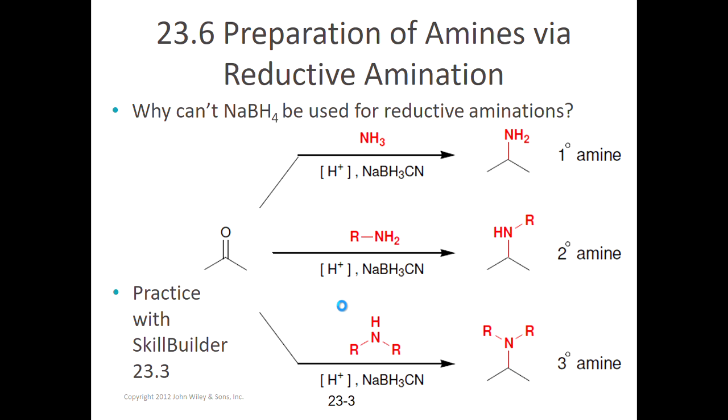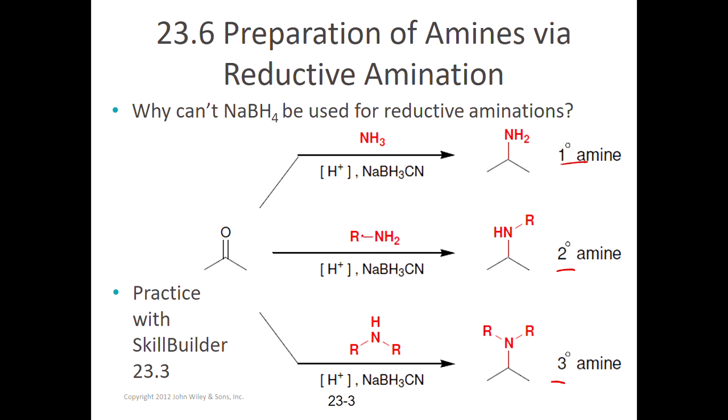So this reaction can be done in one pot in a very straightforward way. It can be used to make primary, secondary, or tertiary amines. It has all the ingredients necessary.